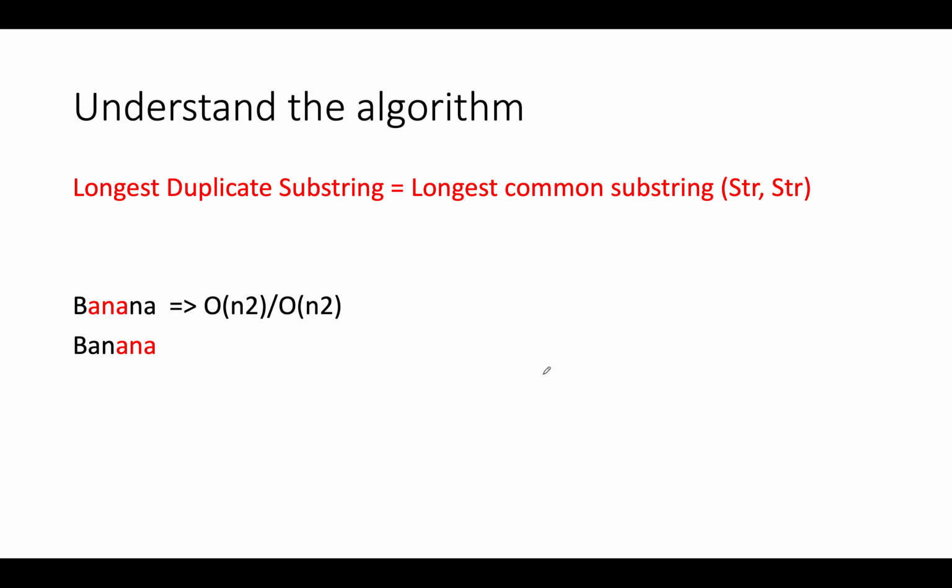For example, let's take the banana case itself. We first witnessed ANA, and we generated a hash for it. We again witnessed ANA and again generated the hash of it, and in case both the hashes turn out to be equal, we can say that both the strings are the same.